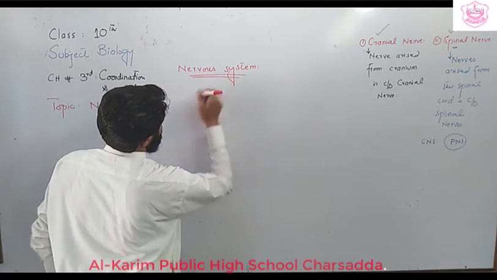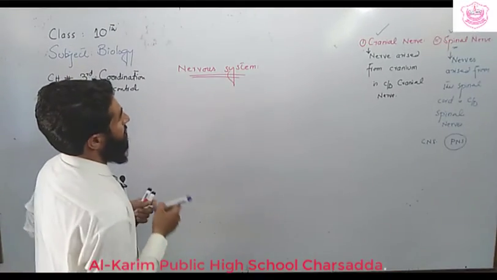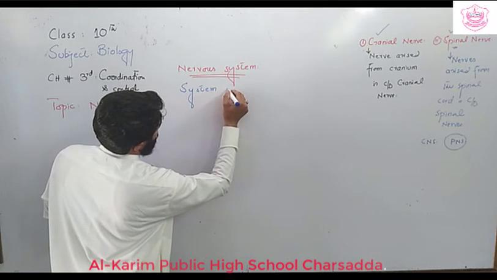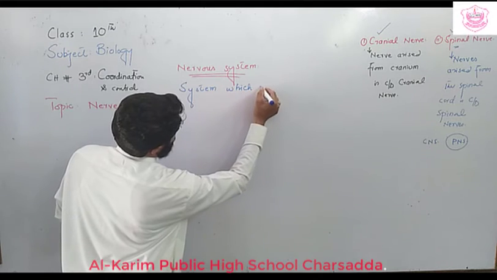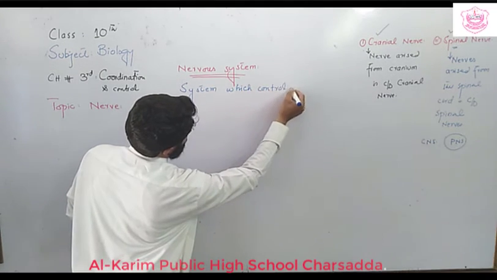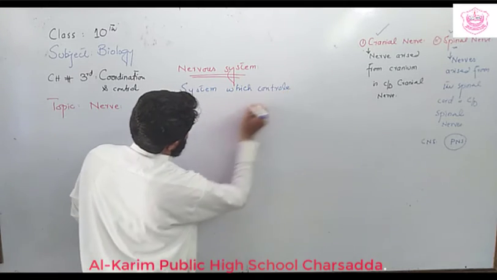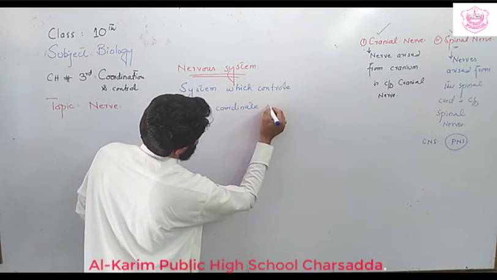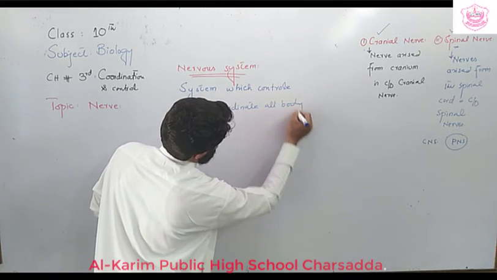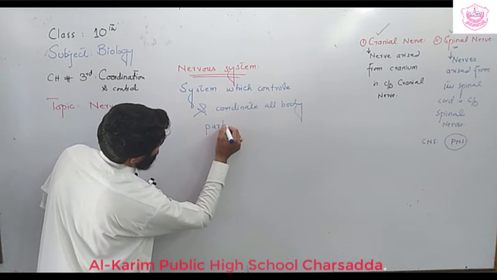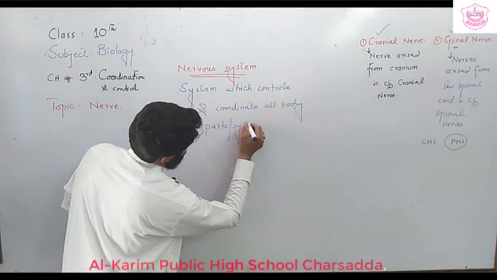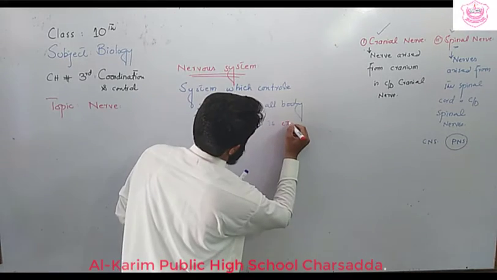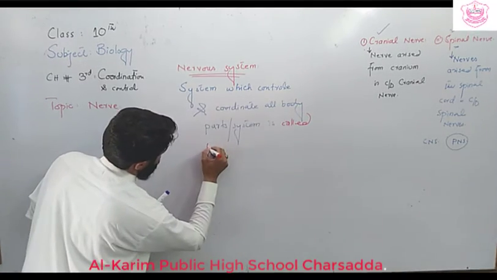First, the definition of a nervous system: the system which controls and coordinates all body parts or systems is called the nervous system.